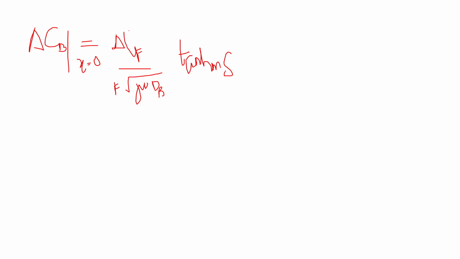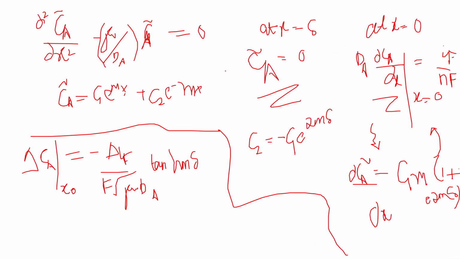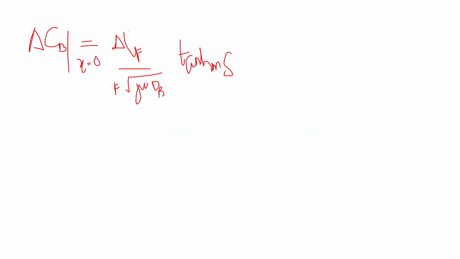You will have to substitute for this in this equation. You have the IF equation, and you can differentiate with respect to E, CA and CB. We have done that before. So you'll get the equation for ∂IF/∂E, ∂IF/∂CA, ∂IF/∂CB. Similarly, DCA and DCB we are expressing in terms of IF.